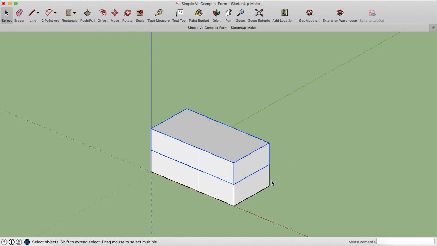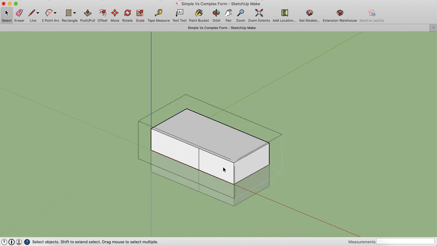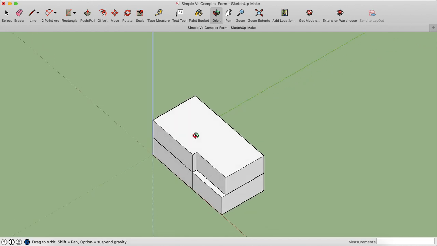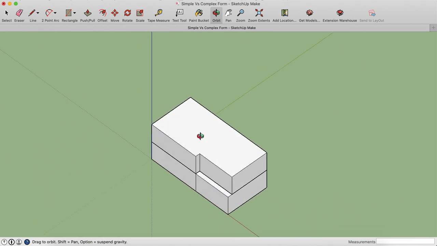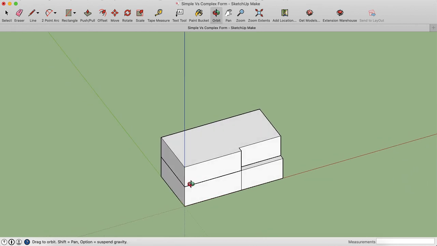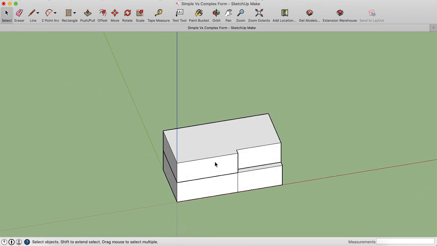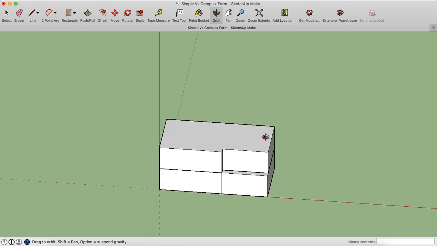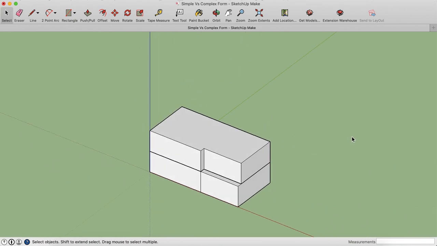So if we were to give an example of that, if I was to push this top story in by 2 feet, we could get some articulation to the building, changes to the building design, but the brace wall band here at the front of the building is permitted to be 4 feet wide, so it could encapsulate this articulation. In this case, the building dimensions on the lower floor of 40 feet by 20 feet are still going to match the building dimensions on the upper floor as 40 feet by 20 feet. So again, this is very easy for the calculator to handle.